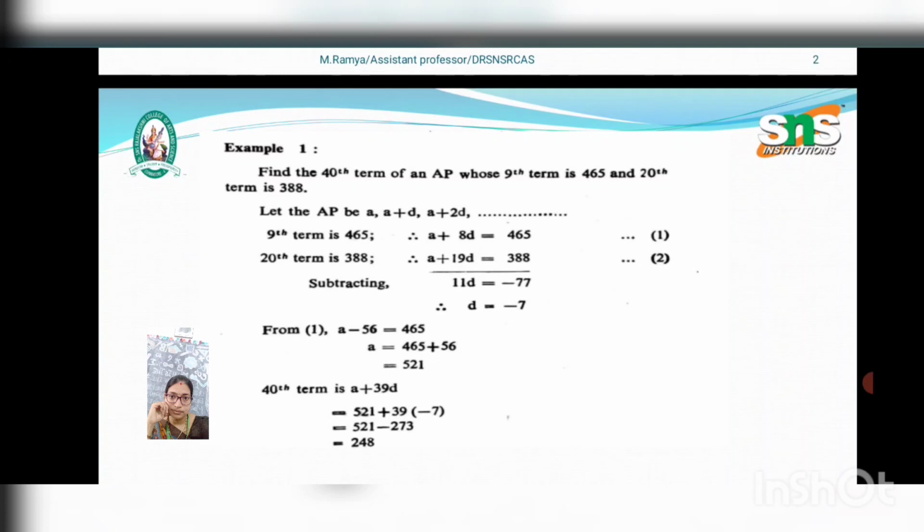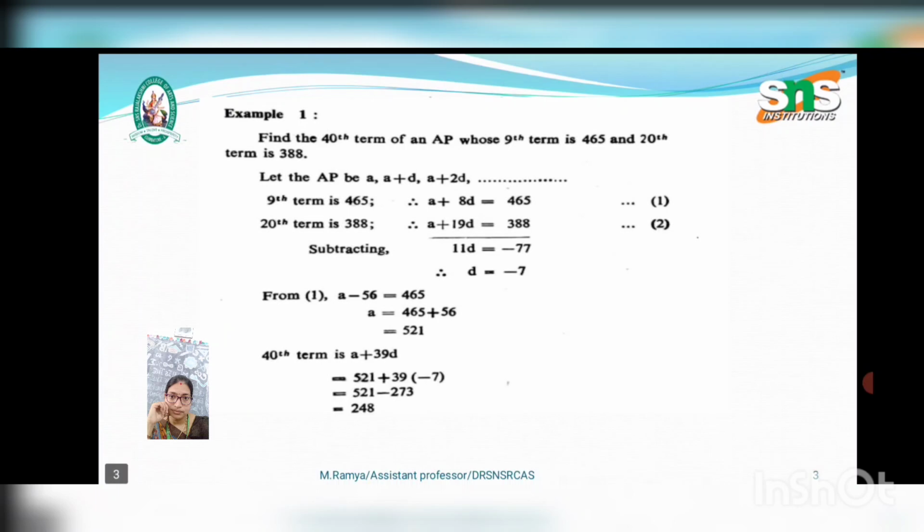For the 9th term, a plus 8d equal to 465. Same thing, the 20th term is 388: a plus 19d equal to 388.